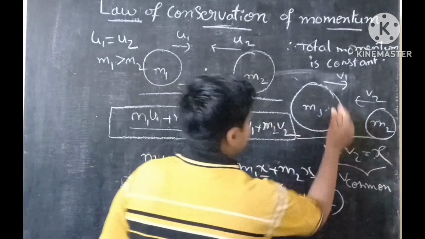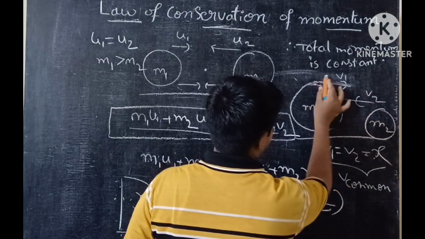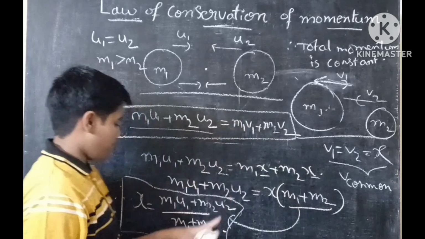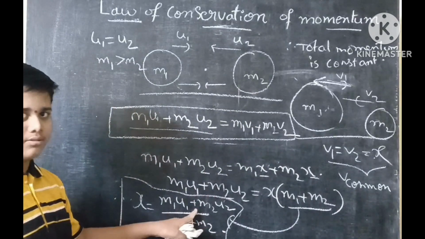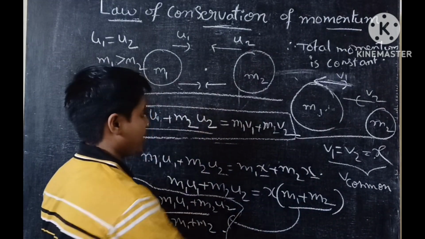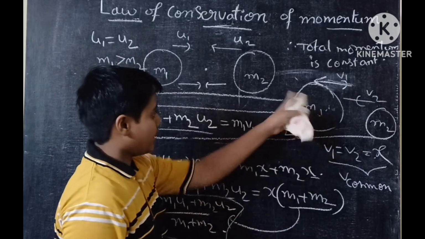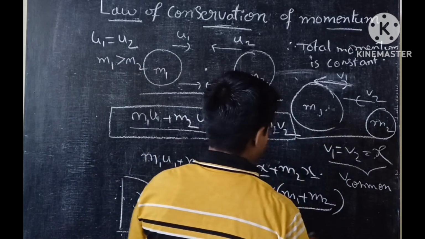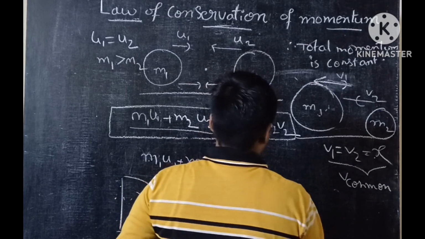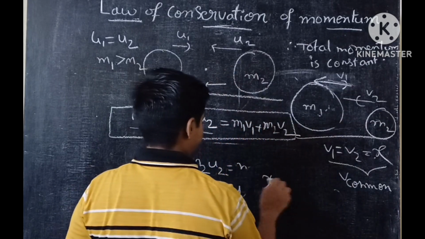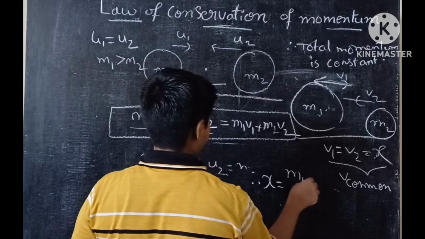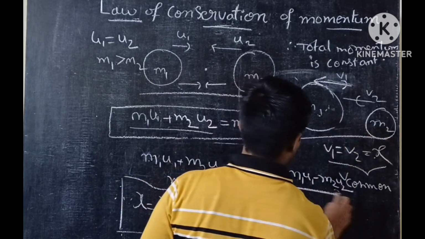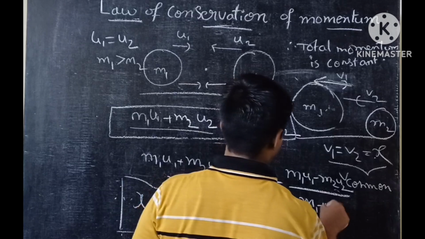So if both travel in the same direction, that means positive, here this is positive. And if both travel in opposite directions, it means m1 u1 minus m2 u2 by m1 plus m2.